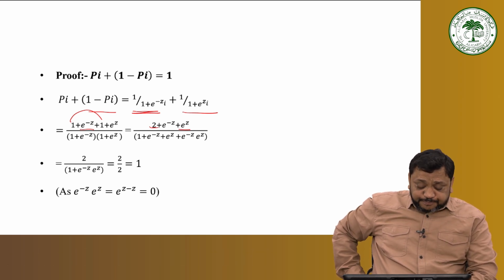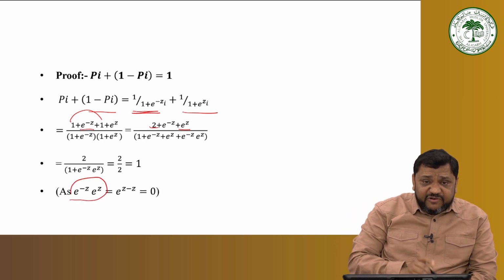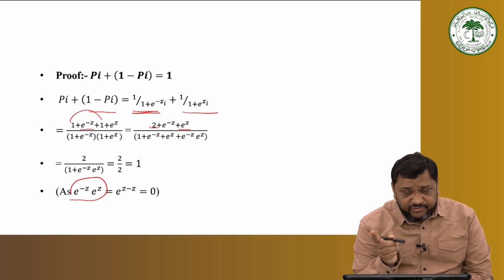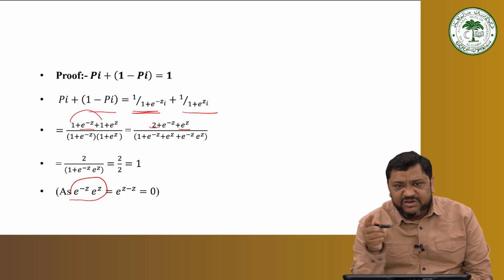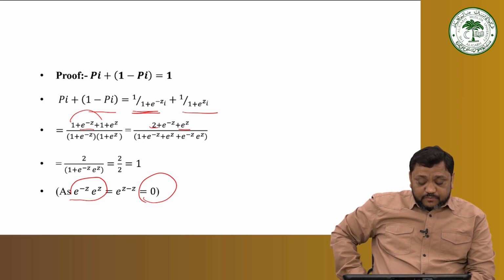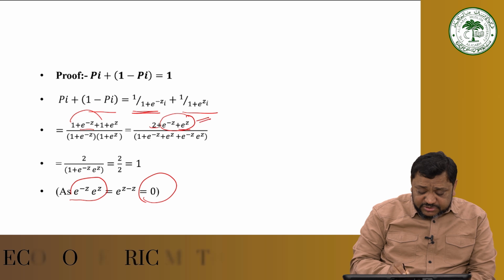So now, e raised to the power minus z and e raised to the power z: we can write it as e raised to the power z minus z, which is equal to 0. So this term becomes 0.